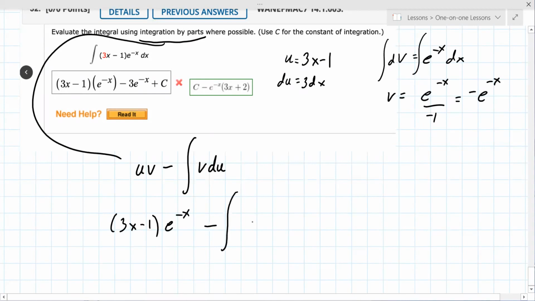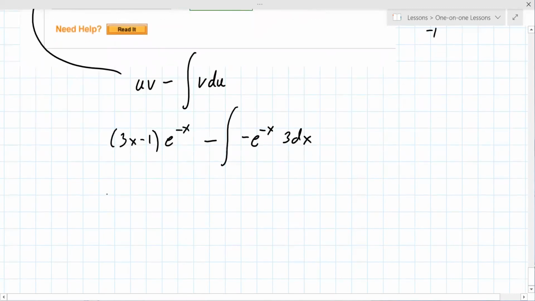You have to grab that v again, minus e to the minus x, and then there's your du, 3 dx. So it's just grabbing 3 pieces, and one of them appears twice. If you can get this far, you're really in good shape.